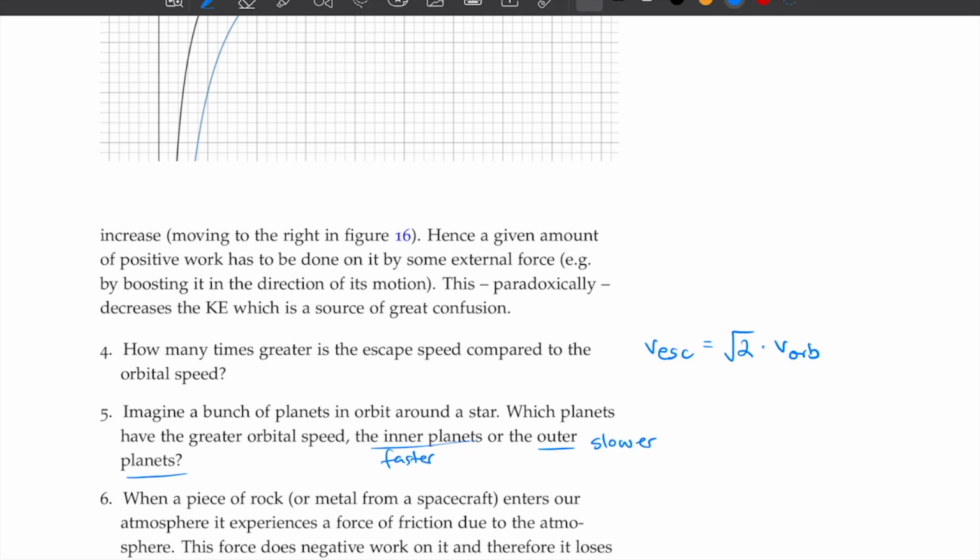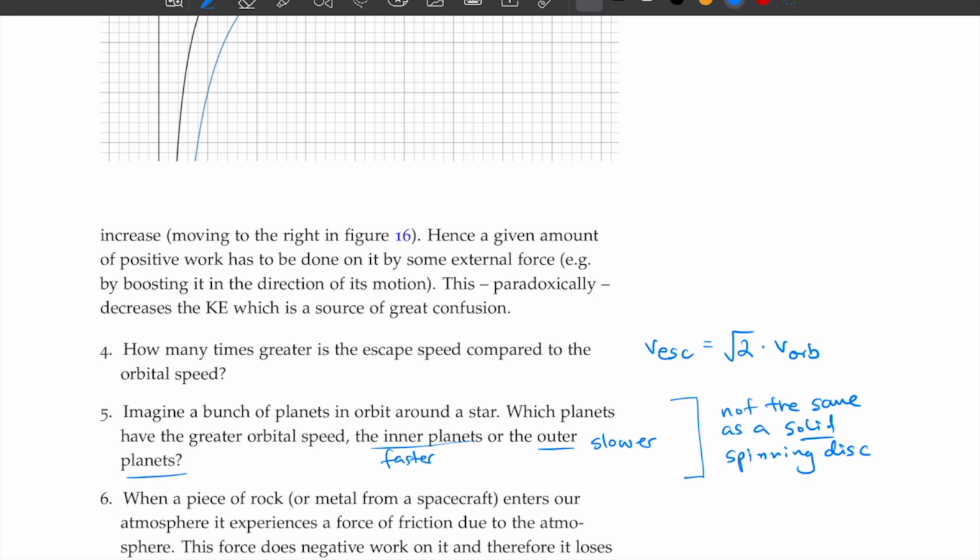Notice how this is different from a solid spinning disk. Maybe you can remember from circular motion that if you have a solid spinning disk with one constant angular velocity, then when you move further away from the center of the disk, parts of the disk are moving faster because they have to travel a longer distance in the same amount of time.